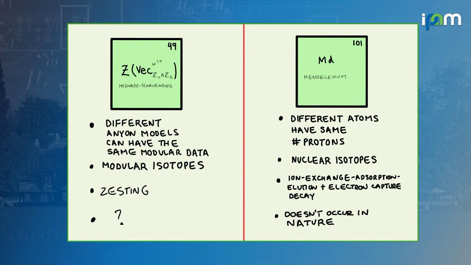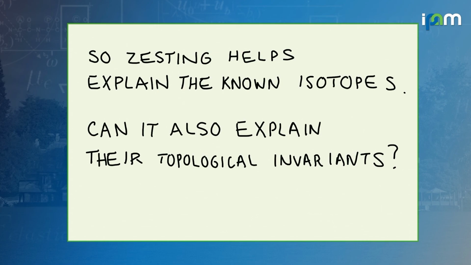If you're just working with modular data, it's not clear whether there are multiple modular categories being represented. And I think the last thing I want to say, so zesting helps explain modular isotopes, but it also helps explain their topological invariance.